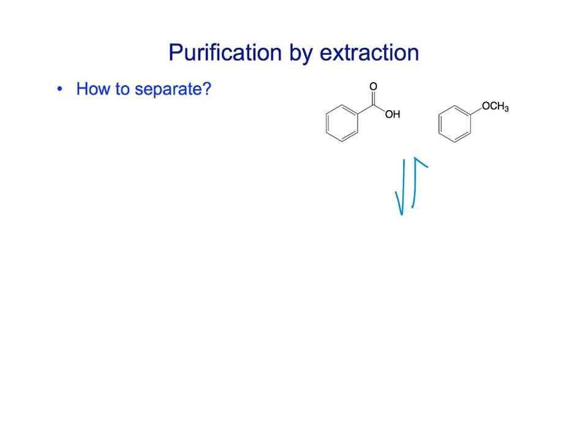And so if we go up to the top, we could add acid, right? That's the acidic form of benzoic acid. So we add acid, it goes up like that. If we add base, it's going to go down. It's going to form the carboxylate anion.